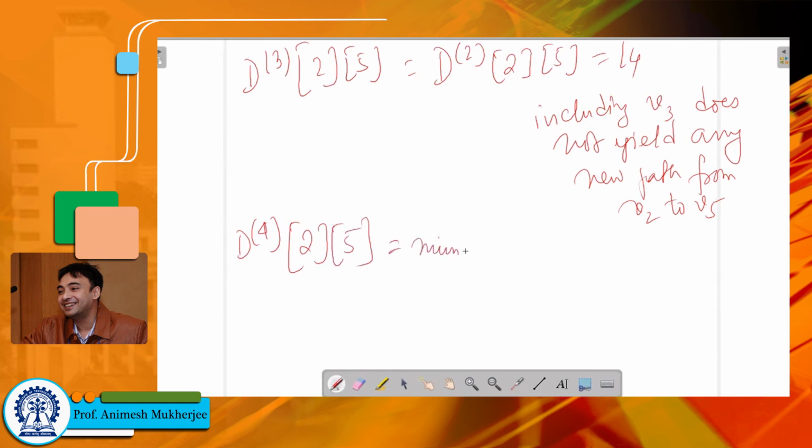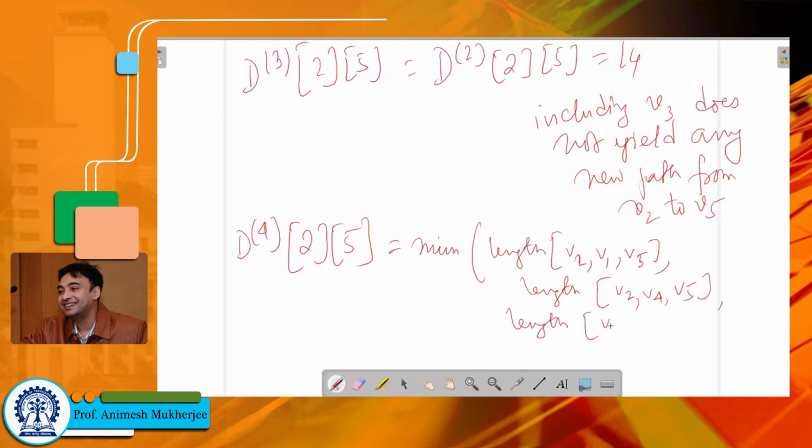This would be minimum of length V2, V1, V5, length V2, V4, V5, length V2, V1, V4, V5, and length V2, V3, V4, V5.